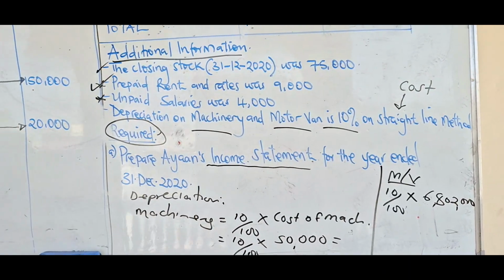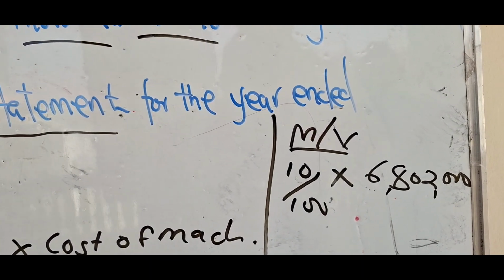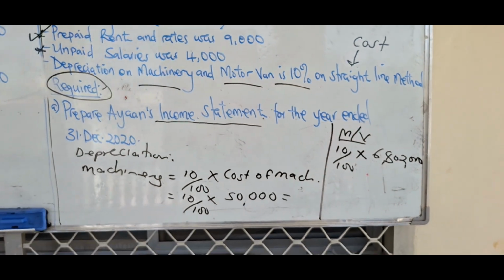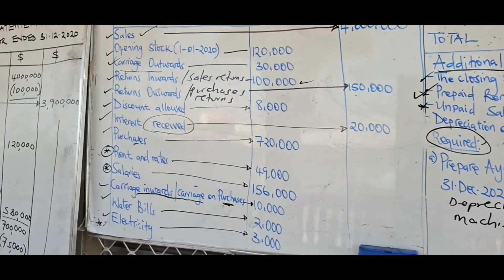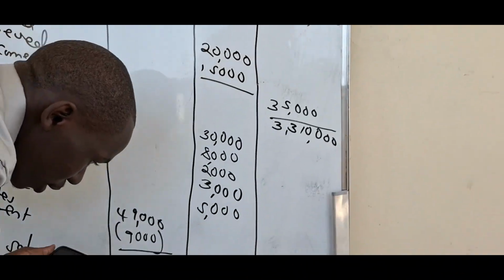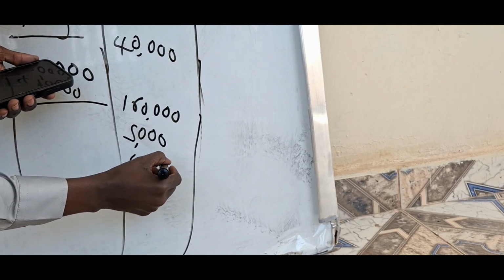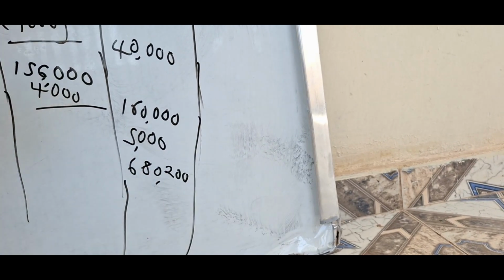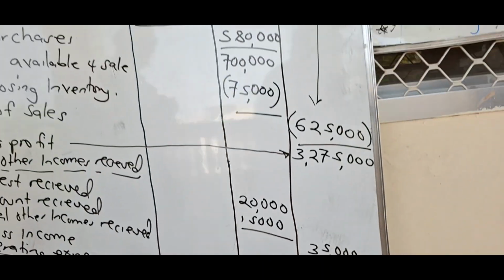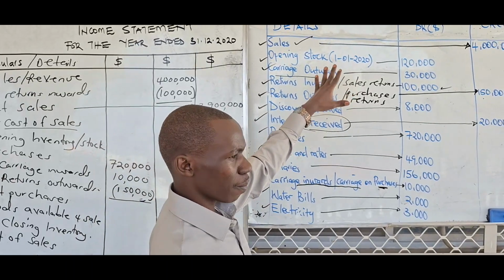Then when you get that, when you try to calculate, you are going to get your depreciation as 6,802,000. Simple.